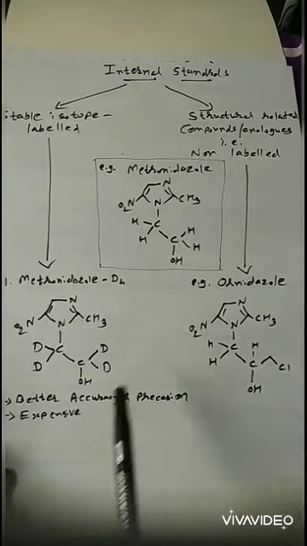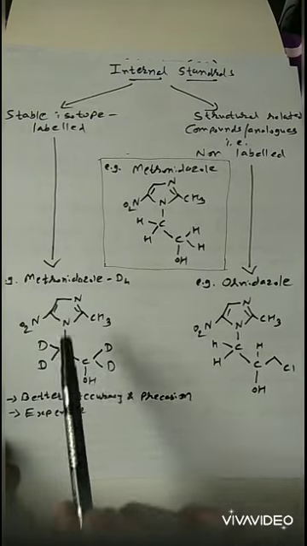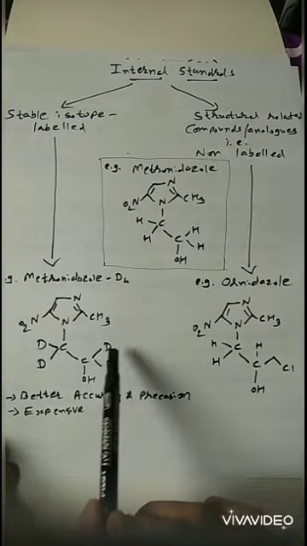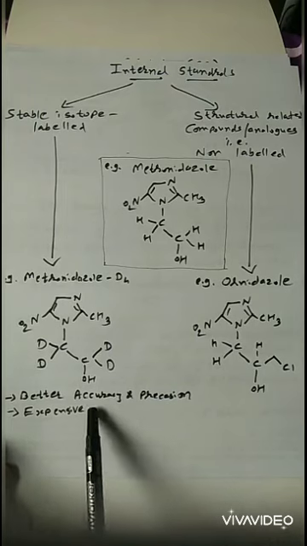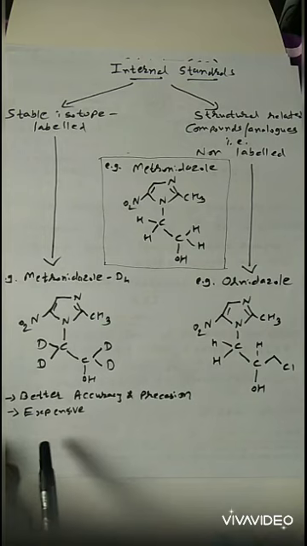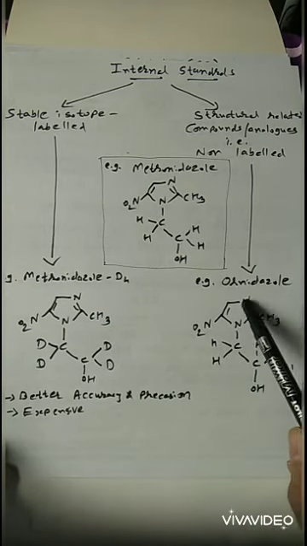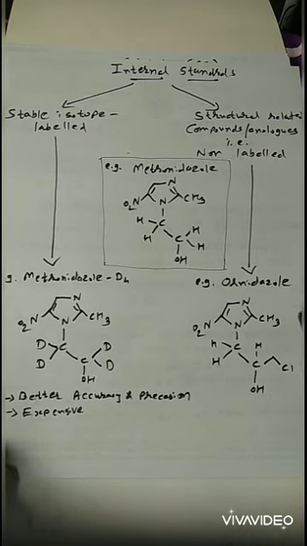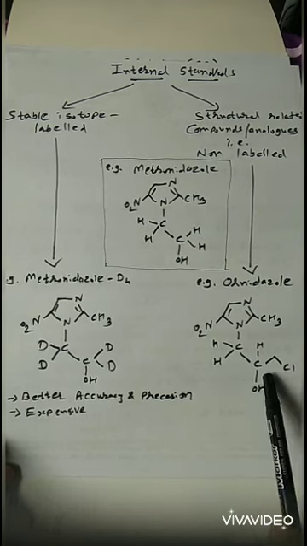But there are some advantages of choosing metronidazole D4, the stable isotope label. By using this internal standard, we can get better accuracy and precision. But this internal standard is more expensive compared to the other. Now this internal standard is nothing but the working standard, that means the API of ornidazole. So this is the reason why this is cheap and why that is more expensive.